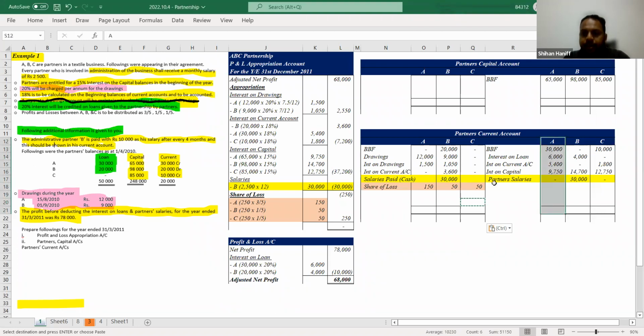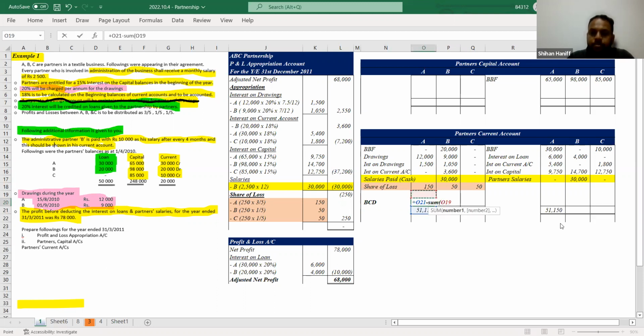You take A, credit side is more. So you add 51,150. Balance carried down. That's 37,500.